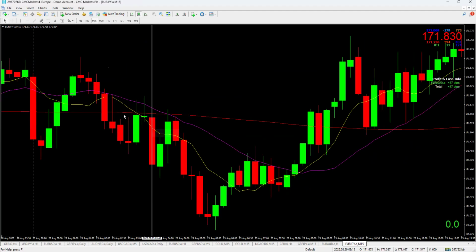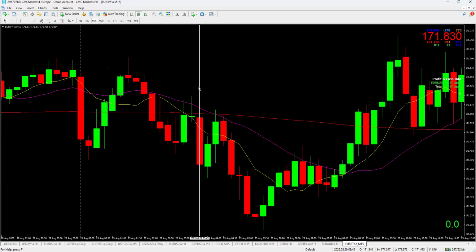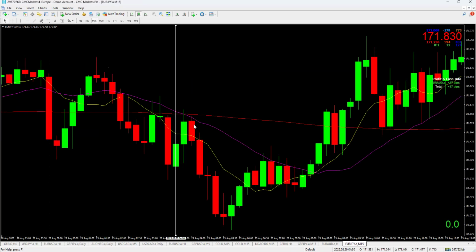The 8 now crosses below the 200, and the 20 crosses below as well. So from here is where we want to be looking at taking a trade, because from here the moving averages are arranged the way we want. After the crossover, the 8 crossed the 20 there, everything crossed each other.